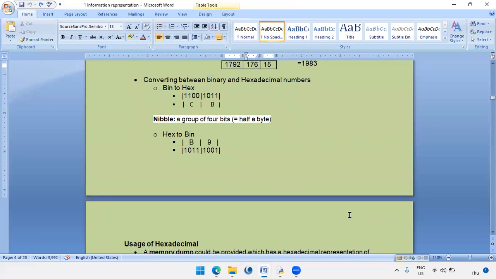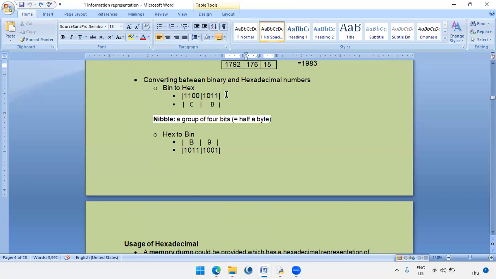Converting between binary and hex is not like converting to something else first and then to another. No, it's not that. It's very easy. Going to hex, you just write the binary number here. Take 4 bits at a time from the right side, remember?